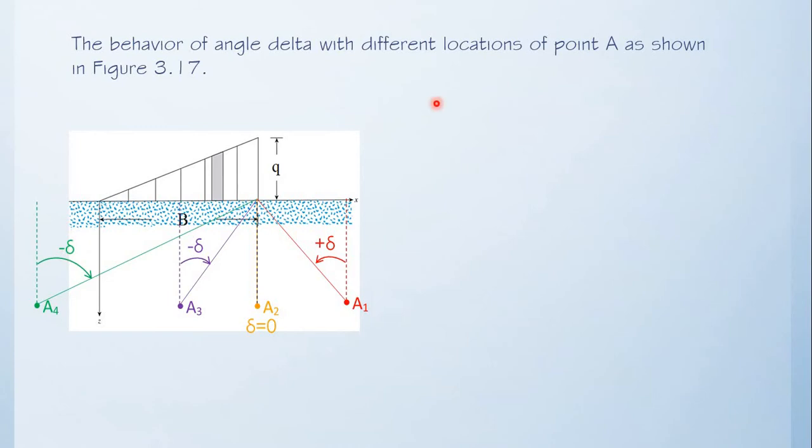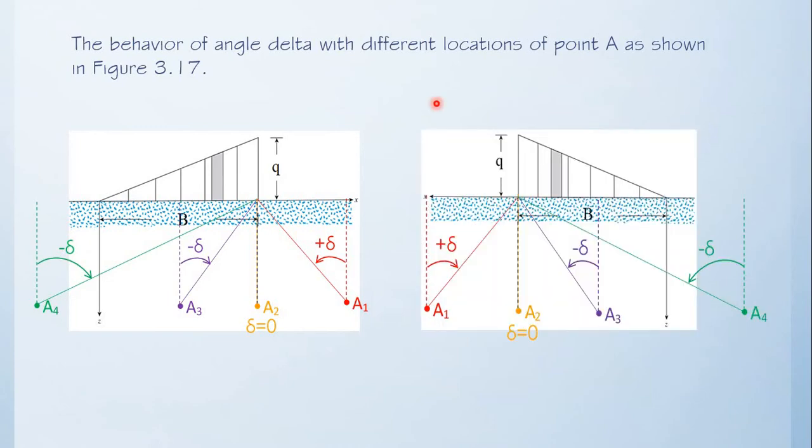If the direction of the load is inverse, from the maximum magnitude down to the least magnitude, and our point of consideration is somewhere here, the signs of the angle delta will also be inversed. On this side, our counterclockwise direction is positive, but on this inverse loading, the clockwise direction now becomes the positive.